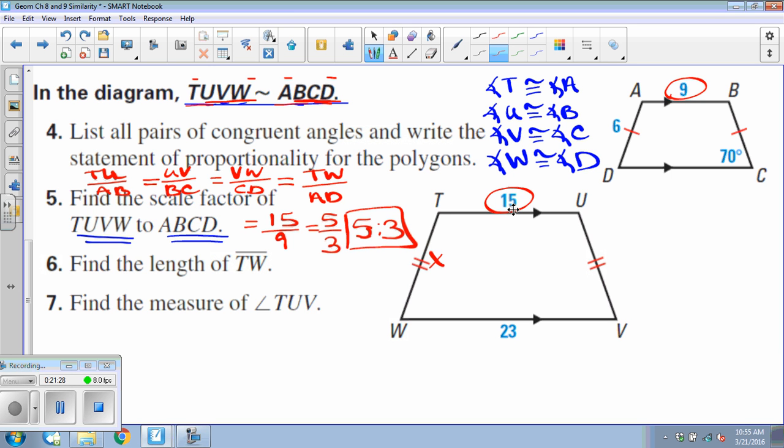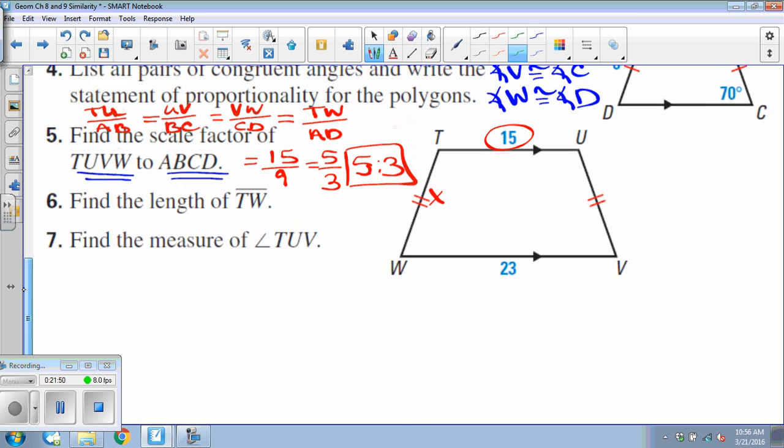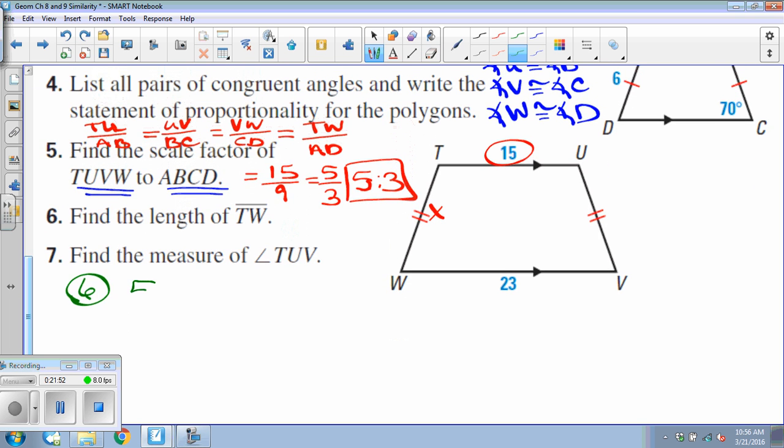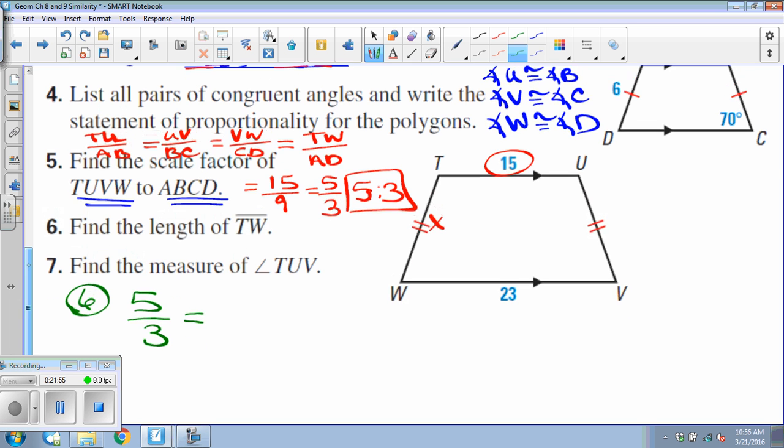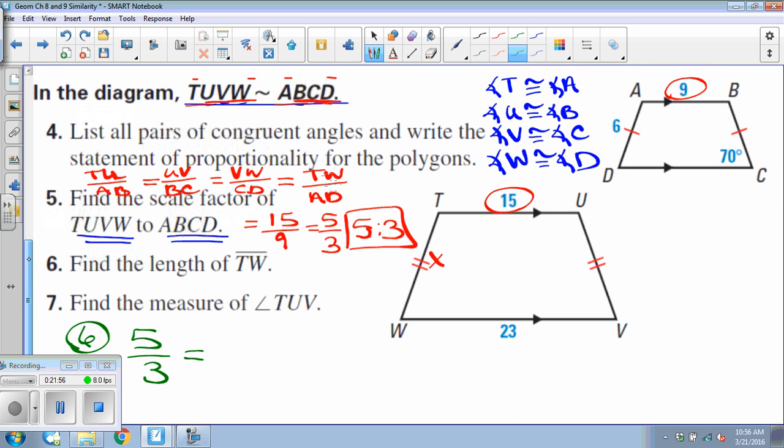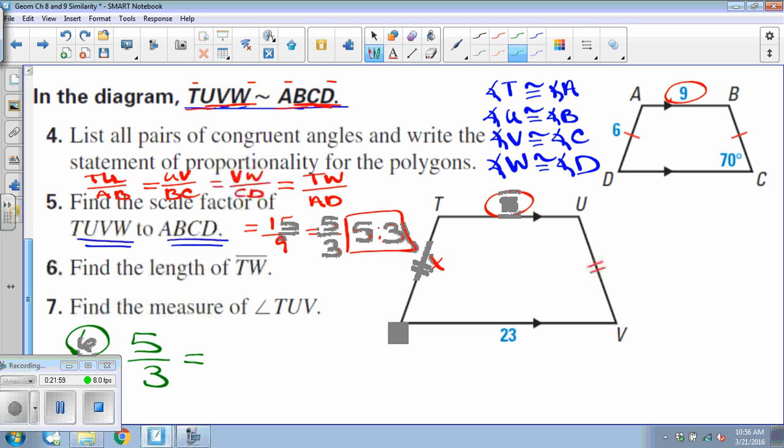If we know our scale factor, that's the first thing we can write. The scale factor is 5 to 3, so you could either put 15 over 9 equals, or you could put 5 thirds equals. Let me do this down here where I have more room. Number 6, 5 over 3 equals X over 6.